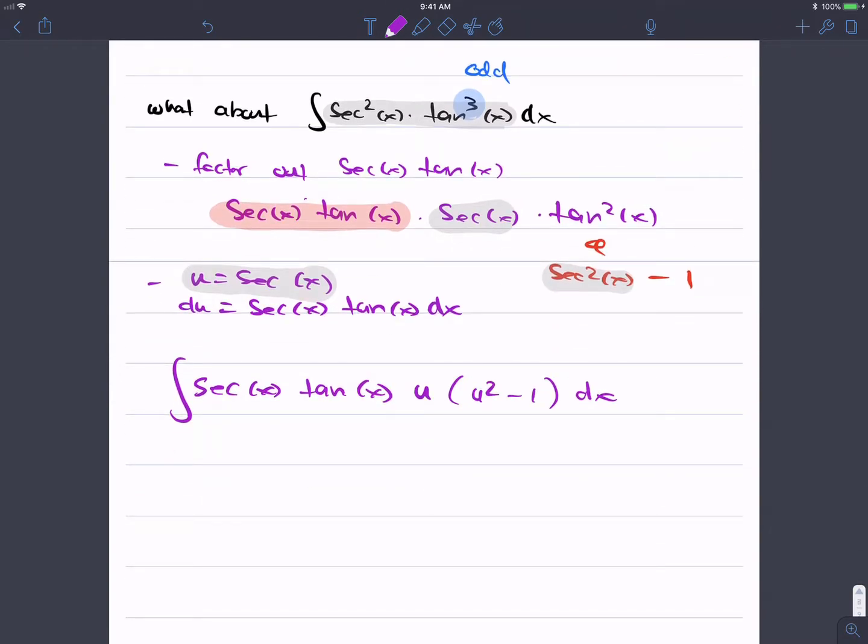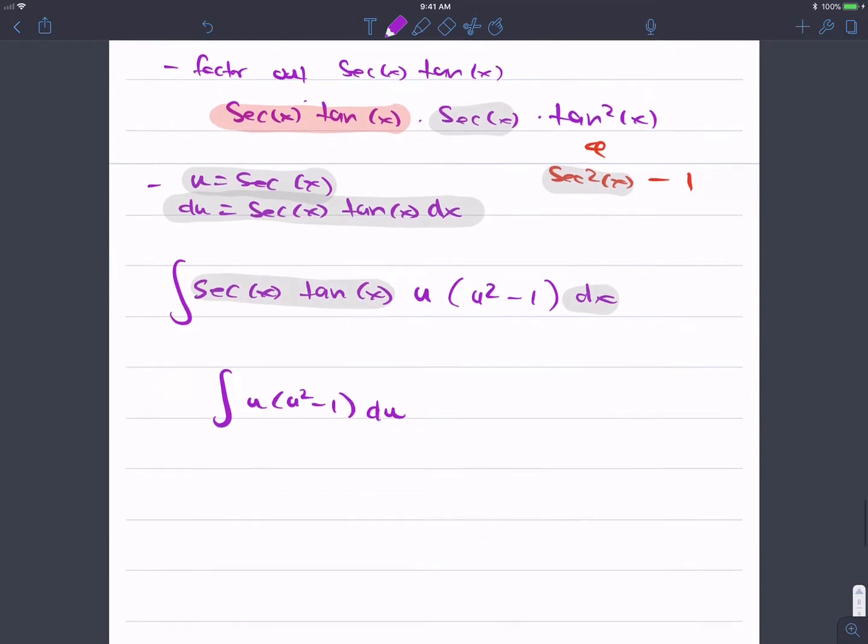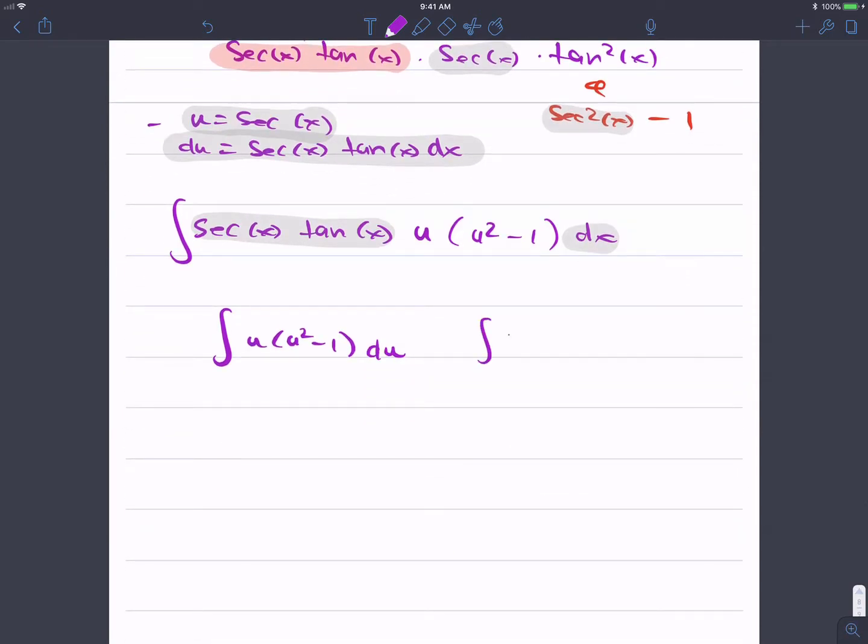So notice here again, du would be secant tangent dx. Here's my du. So I'm now going to integrate u squared minus 1 du, which is the integral of u cubed minus u du. That gives 1/4 u to the 4th minus 1/2 u squared plus c, where u is secant.